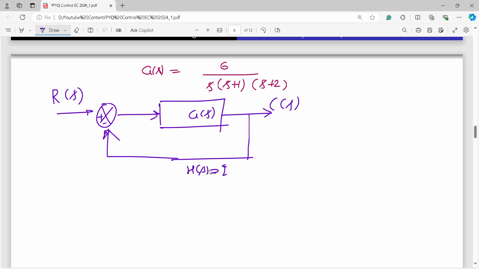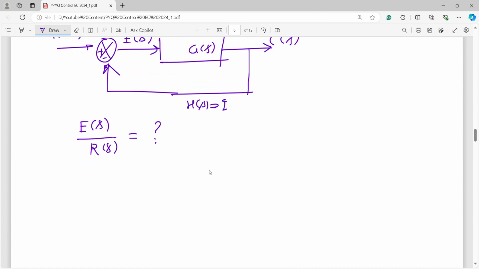So let us solve for E(s), they are asking for the error signal. Okay, so in the case of the error signal, let's derive the transfer function for the error signal. So E(s) divided by R(s) is the transfer function we need to find here. Since this is a simple block diagram, we can easily find it just by applying algebra. E(s) is equal to how much? R(s) minus the feedback, which is directly fed from our output.